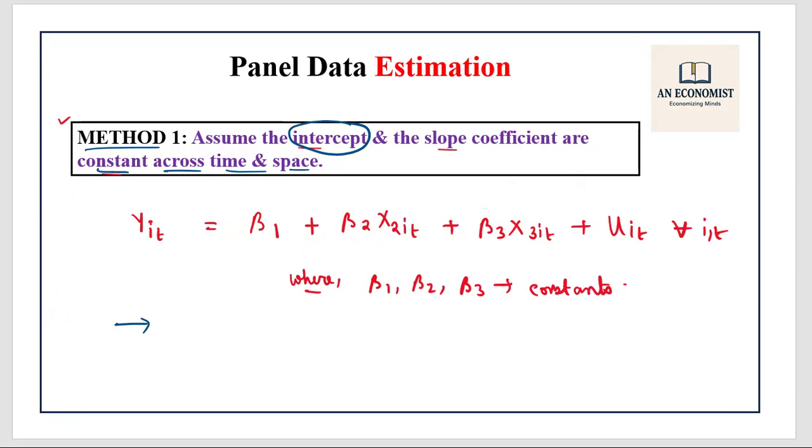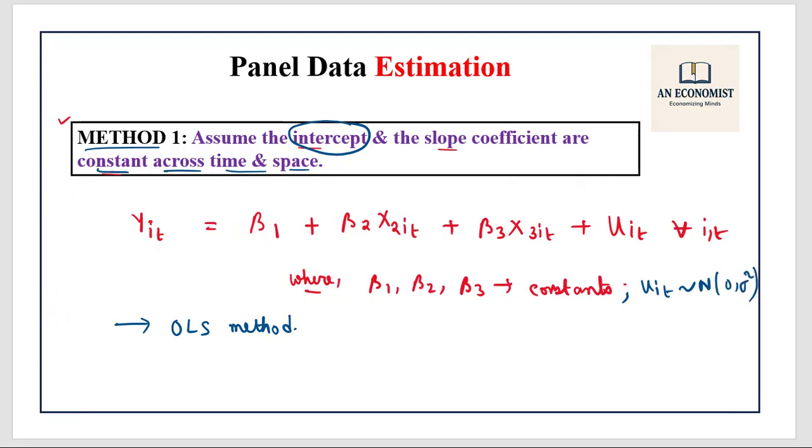Now, how do you estimate this model? This model can be estimated using simple OLS regression, because it is just like the usual regression model that we have done. There is no difference, because this u_it, the idiosyncratic error term, will follow a normal distribution. This we have written earlier.